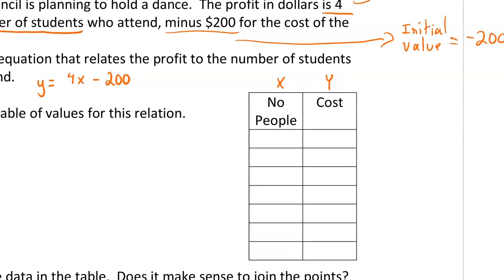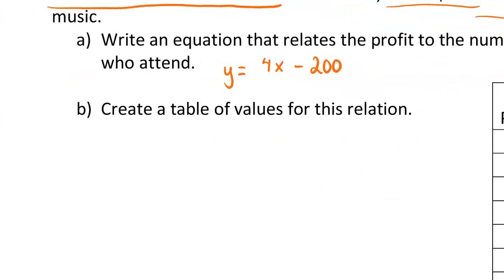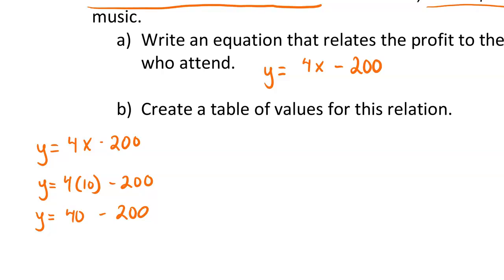Now we have to look at creating this table. Well, if we had 0 people show up, we lost $200. If we had 10 people show up, well, let's put this information into our formula and we'll see what we get. y equals 4x subtract 200. y equals 4 times 10 subtract 200. y equals 4 times 10 is 40, subtract 200.